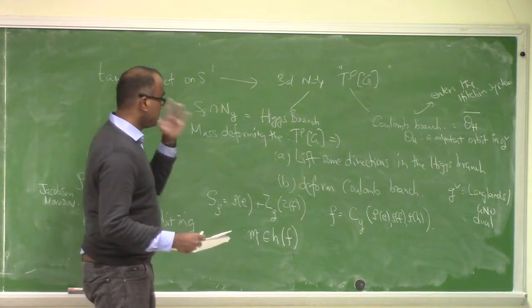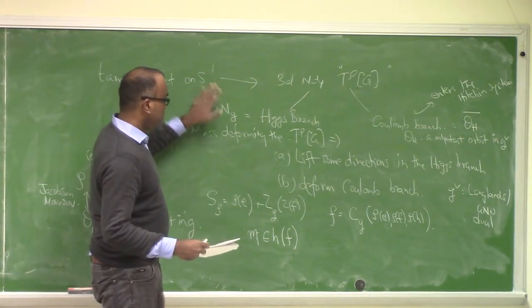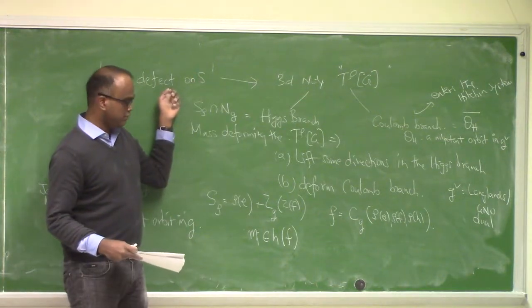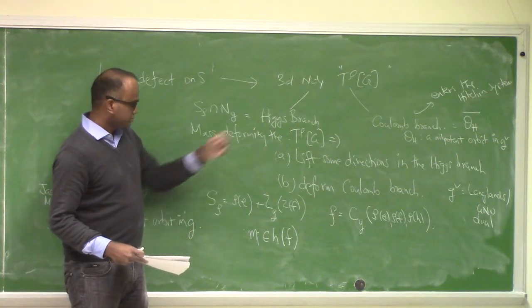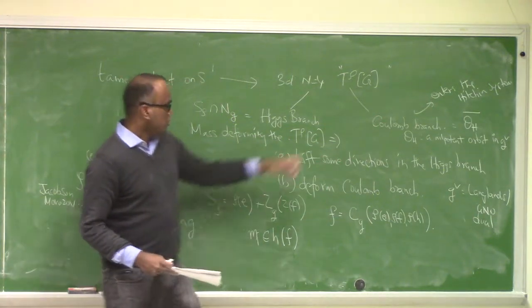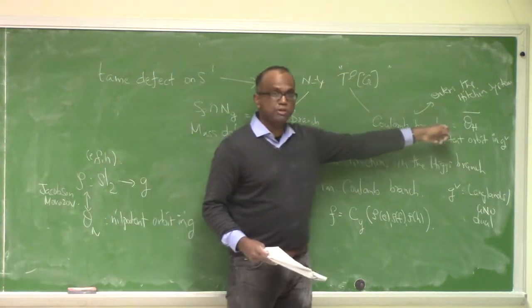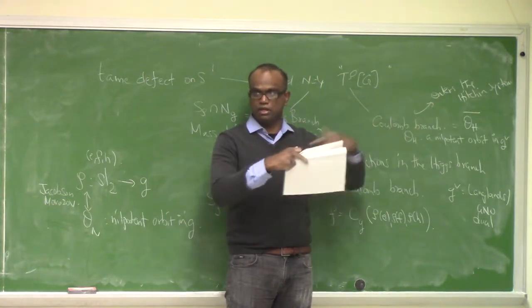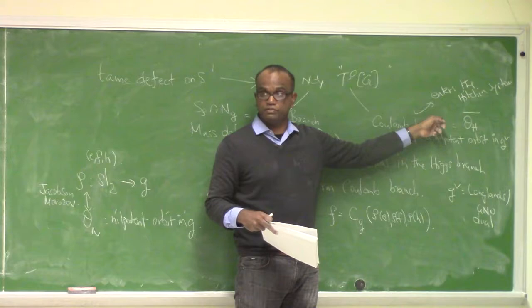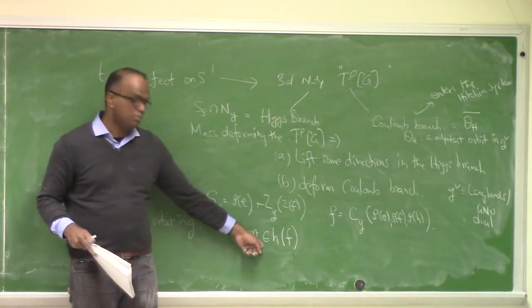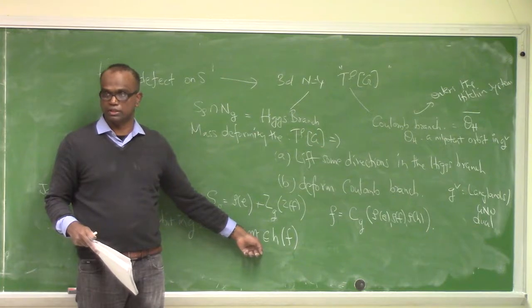So the strategy is, if somebody gives you one of these theories, or equivalently one of these defects, and you know its Higgs and Coulomb branch, you look at its Coulomb branch, it's some nilpotent orbit, you list out all the sheets on which that nilpotent orbit lives, then you come back and check which of the sheets obey this flavor condition.